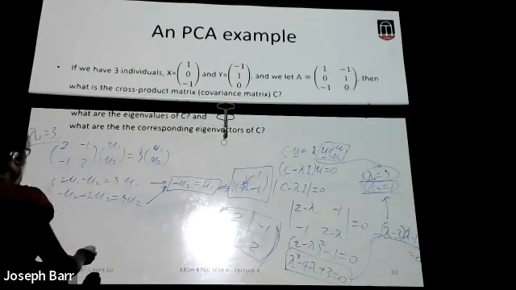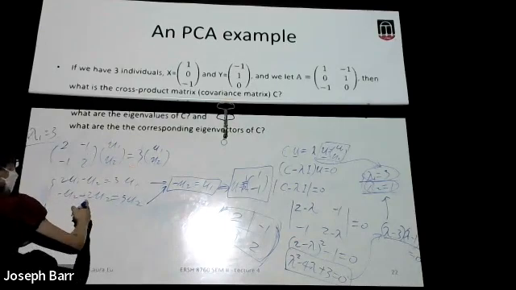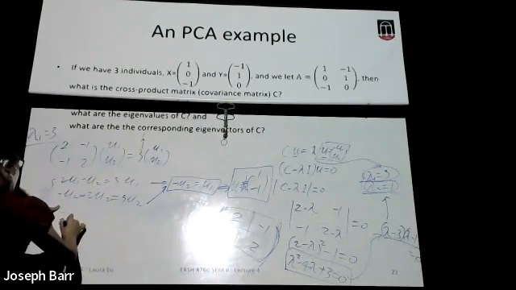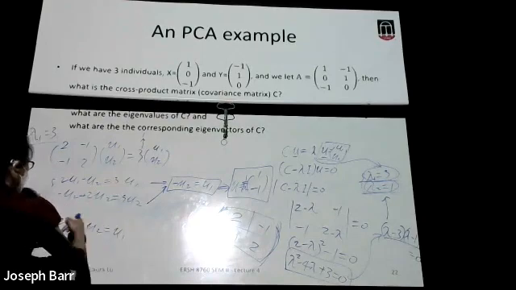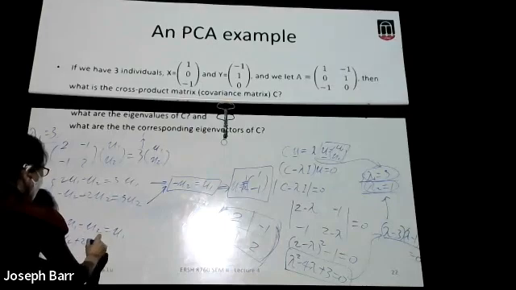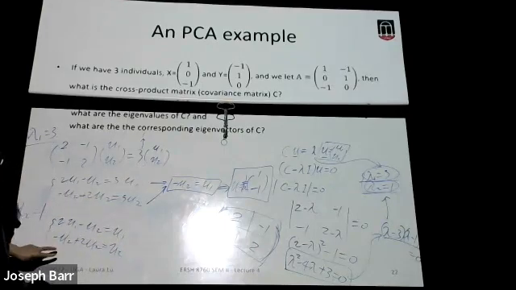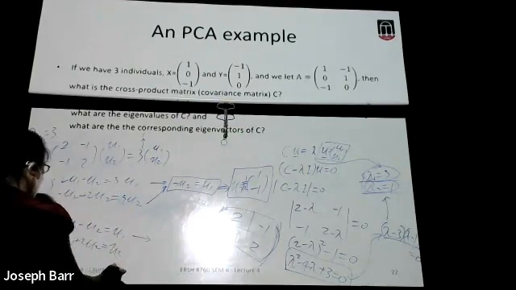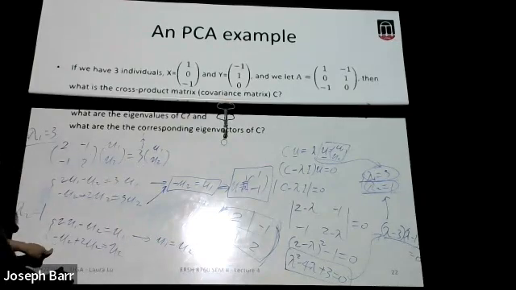Now we have 1 here, so it becomes 2u1 minus u2 equals u1, and negative u1 plus 2u2 equals u2. Again, solve this equation. So it's u1 equals u2.